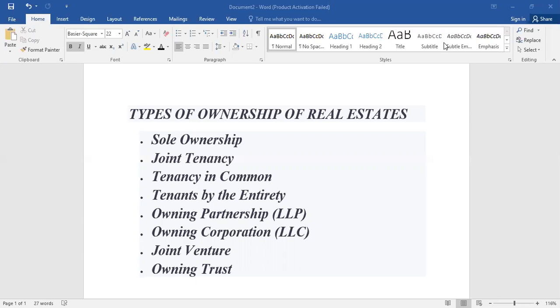And we said that real estate involves also the rights and the privileges.